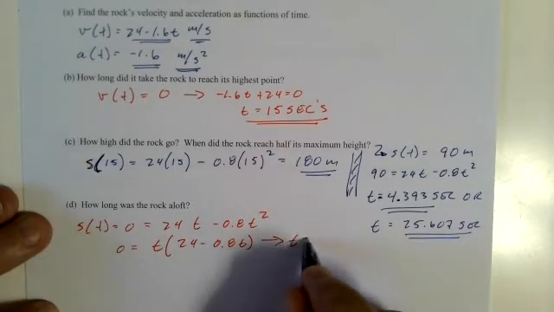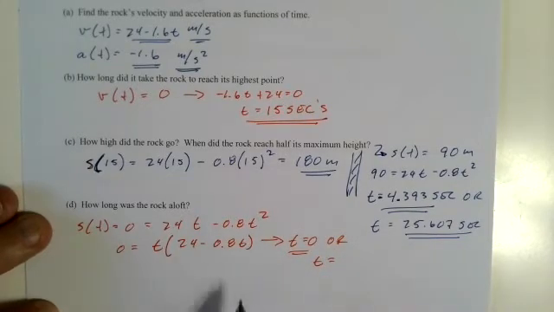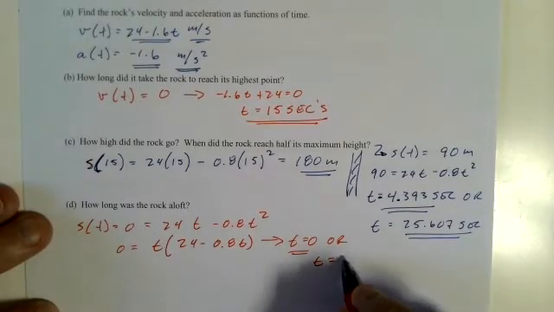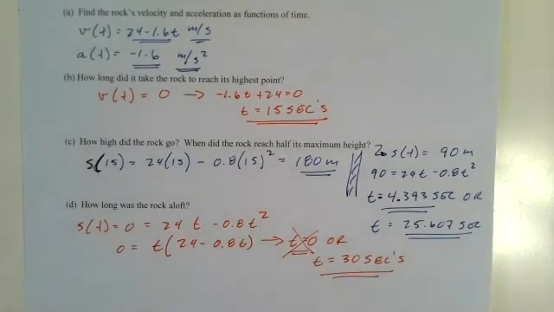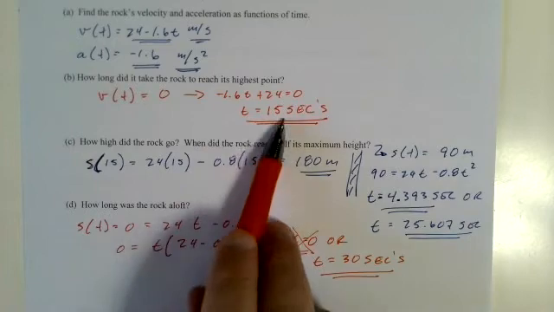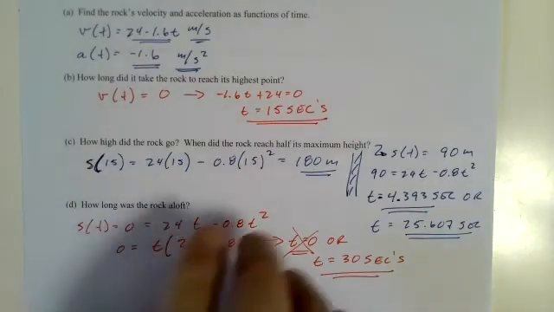That's either t equals 0, which we don't care about, or t equals 24 divided by 0.8, which is 30 seconds. And that's all they wanted, was the time. Notice that you could have also said, well, it took 15 seconds to get to the top, so up and down is 2 times 15, if you were smart, which clearly I am not.